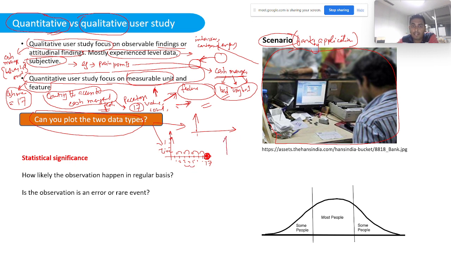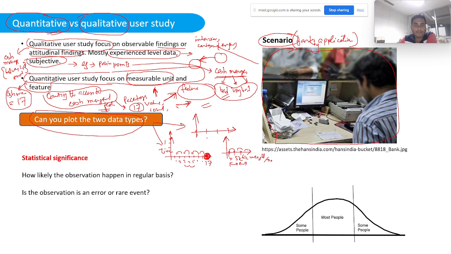Similarly, if we talk about another quantity, for example weight or mass, when you say 5 kg, then 6 kg or 4 kg, we have a uniform distance between these units. Okay.